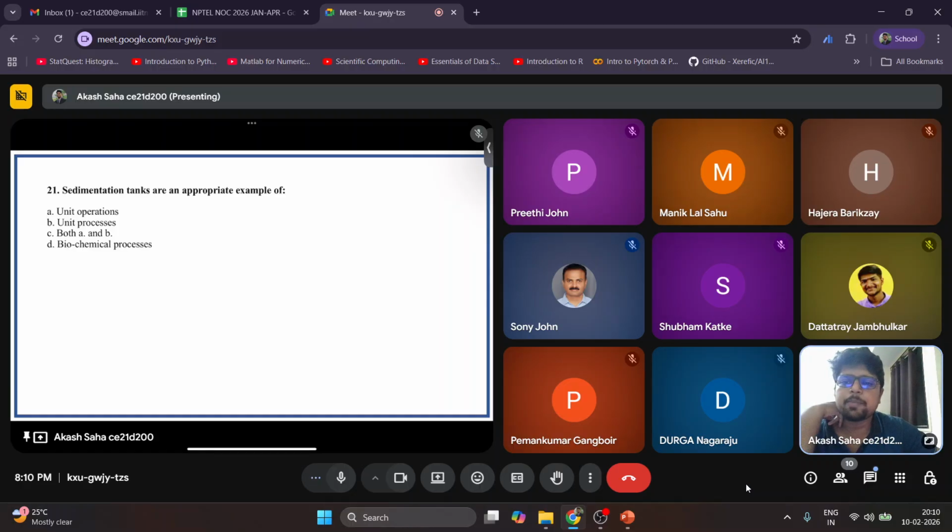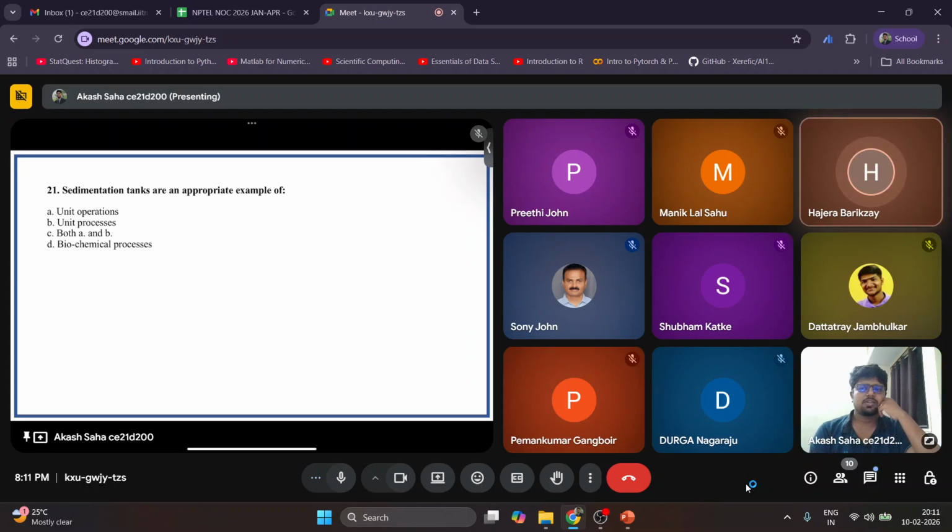Sedimentation tanks are an appropriate example of unit process, unit operation, both A and B, or biochemical process. This is pretty direct. So sedimentation tanks are an example of. In sedimentation tanks, is there any chemical change or any irreversible change?